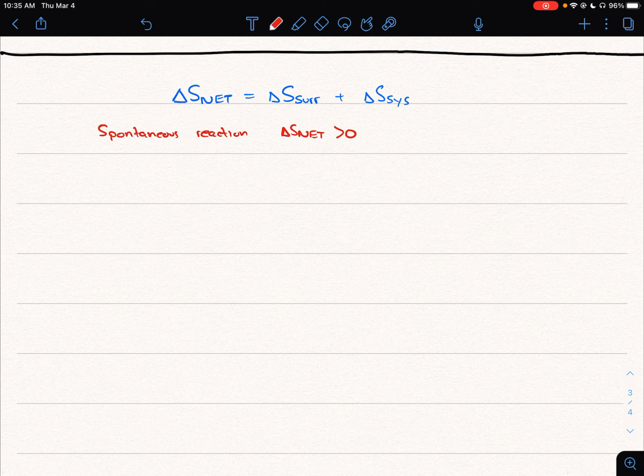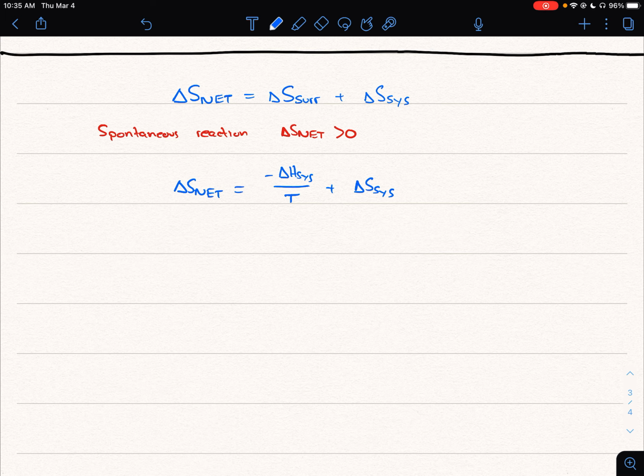And so we can rewrite this equation to say that our delta S net is equal to negative delta H of the system over T plus delta S of the system. This was the equation we were using to determine the spontaneity of a process.